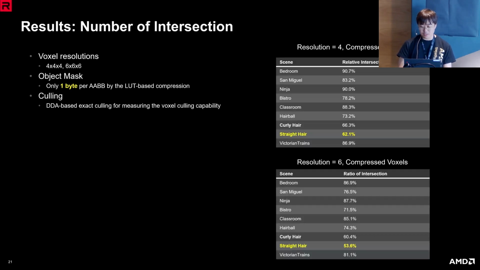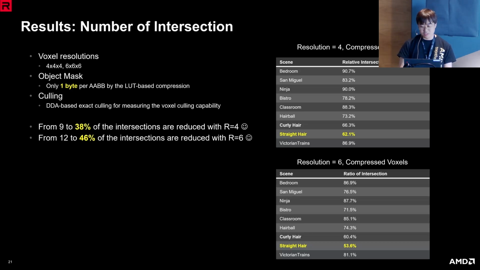The table here is showing the relative intersections compared to the baseline, which is no culling. Lower is better. For example, 50% means that the raycast is done with only half the number of intersections.